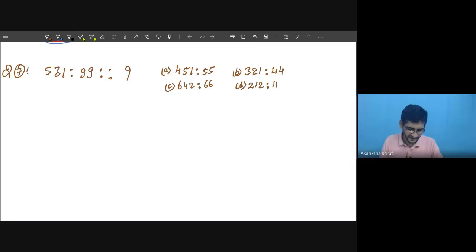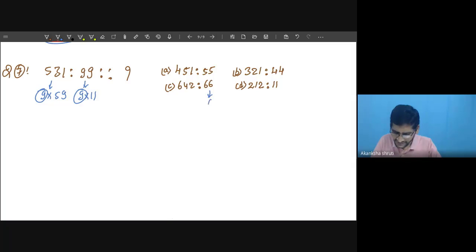What else, or what are the other common factors? Even after division by 3, it is further divisible by 3. So it is 9 into 59, and this is 9 into 11. Is the same common factor in both cases? Observe, is there any one which has the same common factor?